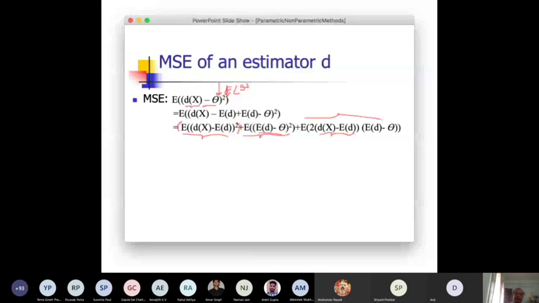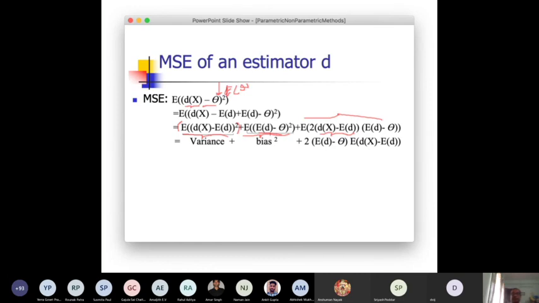So this is variance and this is the square of the bias. So we get these two quantities: the variance, and the other one is the square of the bias. So variance plus bias squared.